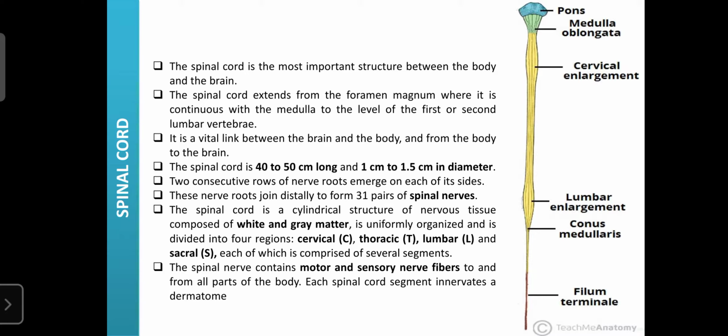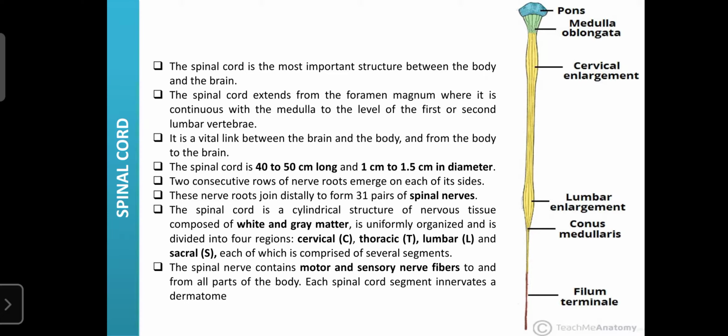It means the brain, or the nervous system, can control organ function with the help of the spinal cord, because it creates interconnections between the brain and the organs. The spinal cord extends along the vertebral column.